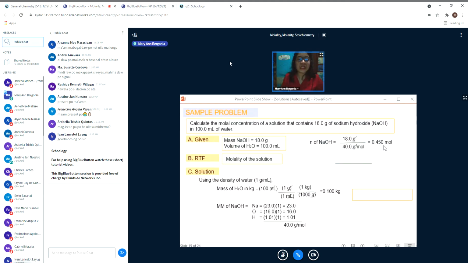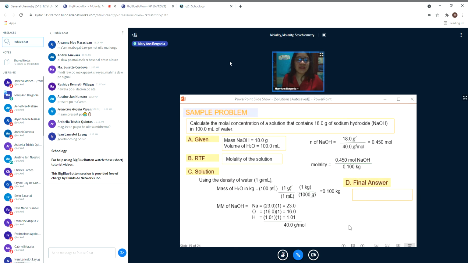So therefore, pwede ka nang mag-proceed with calculating your molality. So you have here 0.450 mole over the 0.100 kilograms. So to calculate for the molality, divide mo lang sila. The mole of your solute over the mass of your solvent.